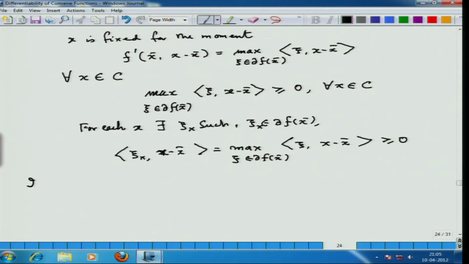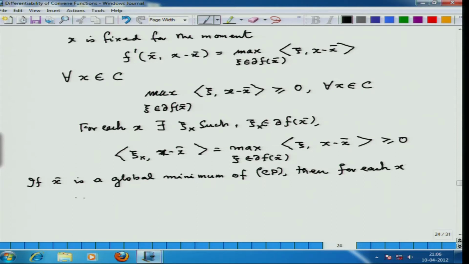So, what I have proved is that if x bar is a global minimum of CP, then for each x there exists xi x such that xi x times x minus x bar is greater than or equal to 0.